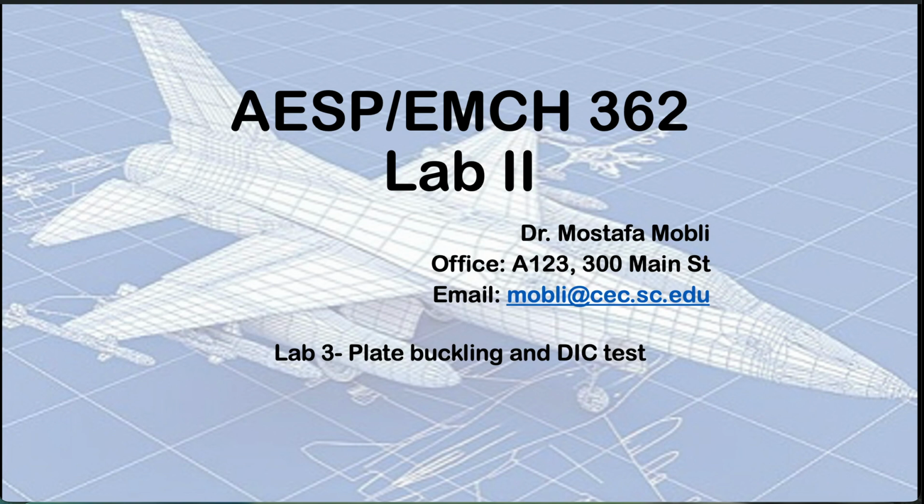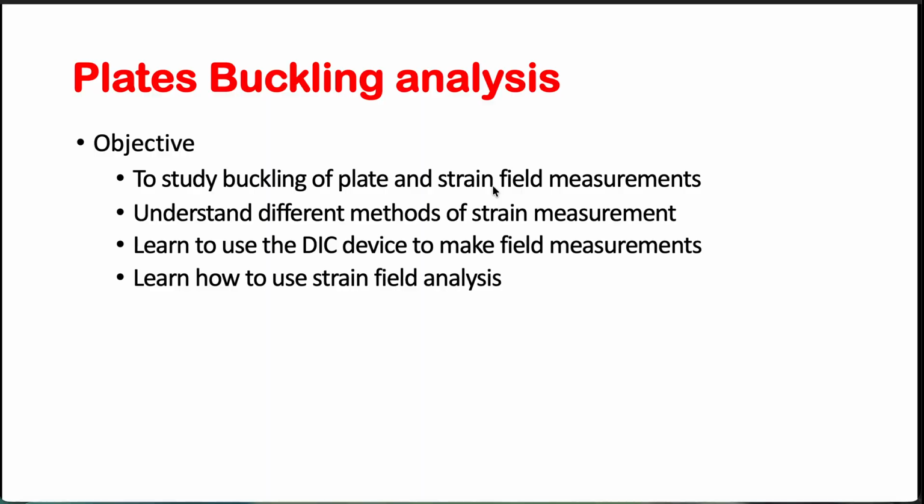Today we are going to talk about the theory behind Lab 3, which is plate buckling and DIC test. In today's analysis, we are essentially going to focus on buckling of plates and strain field measurements, which is compared to the point strain measurements that we have already done.